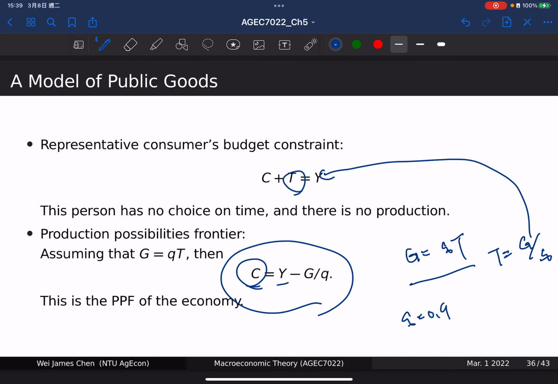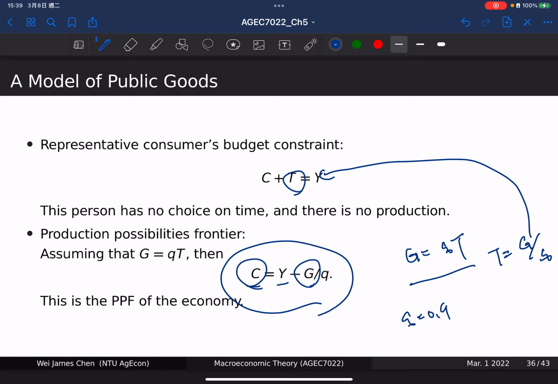It should be the relationship between C and G, because here C and G is what the consumer enjoys. Y is an exogenous variable. So I correct myself. Like I said, my head is not really clear today. Sorry about that. But it should be a relationship between C and G.